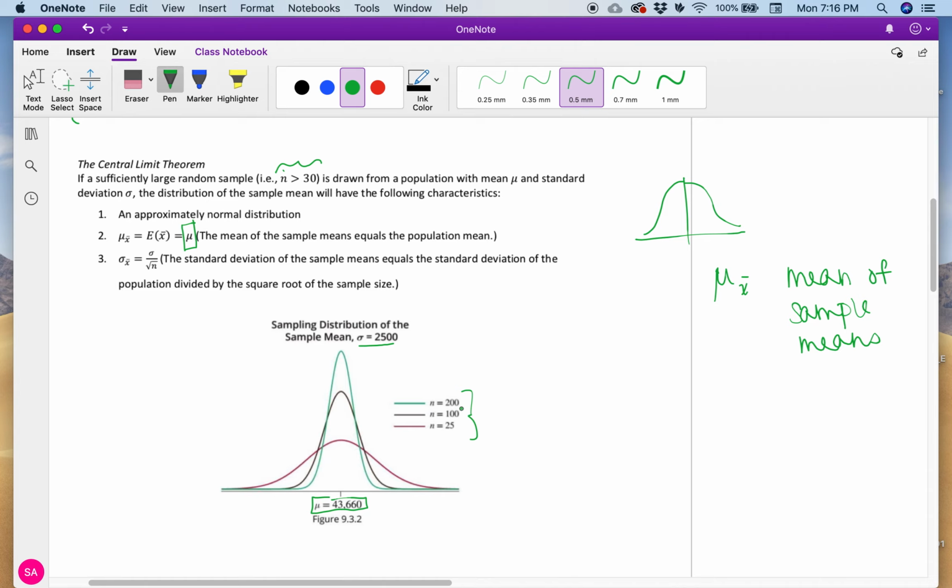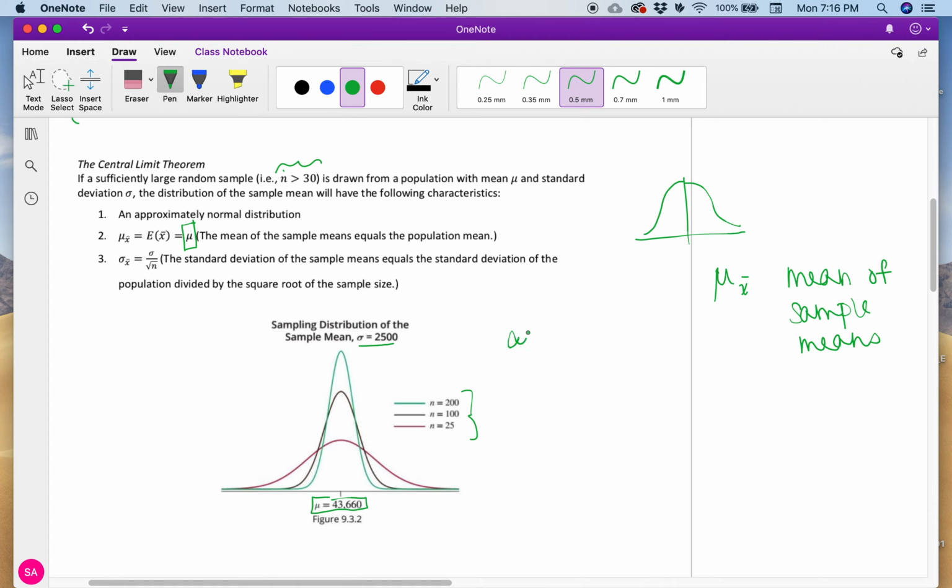And then last, they have one for 200, a big sample size of 200. Again, they found all possible samples of that size, took all the means of those samples, and made this distribution. And once again, it's even skinnier. So our values are getting closer to the mean, which again means less variability.